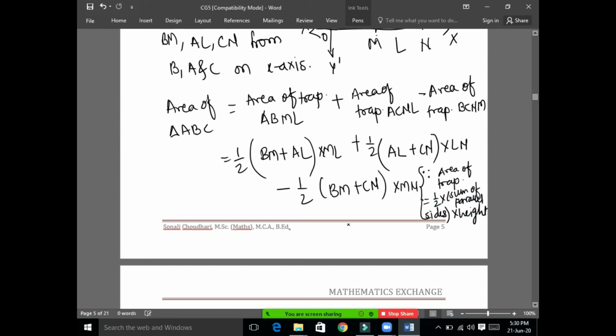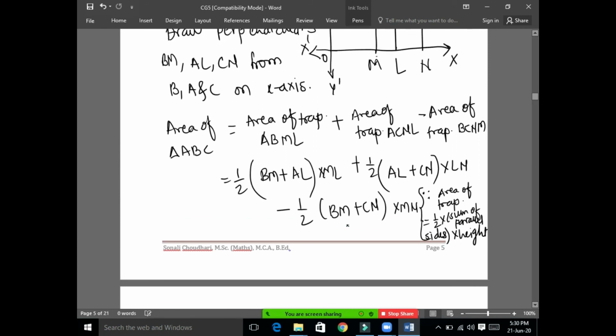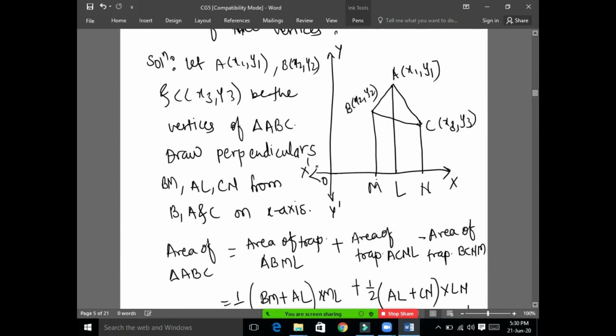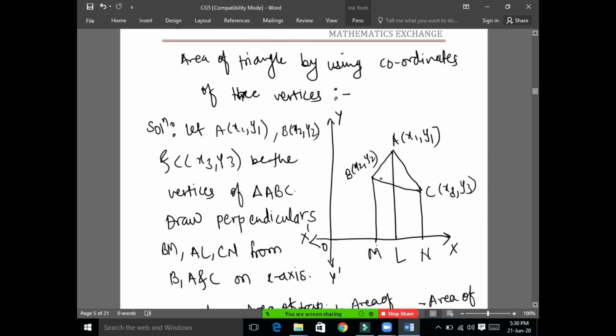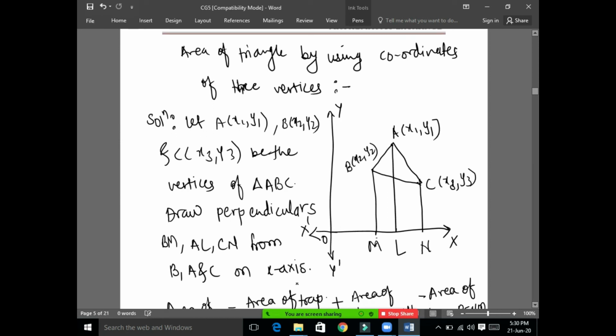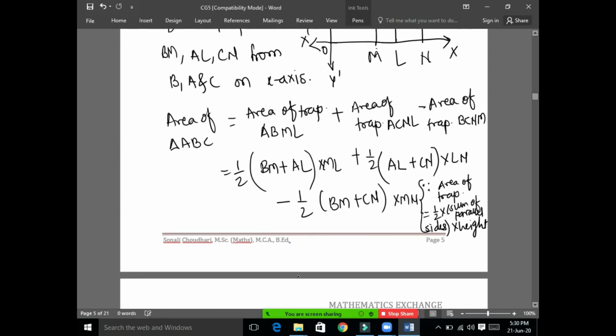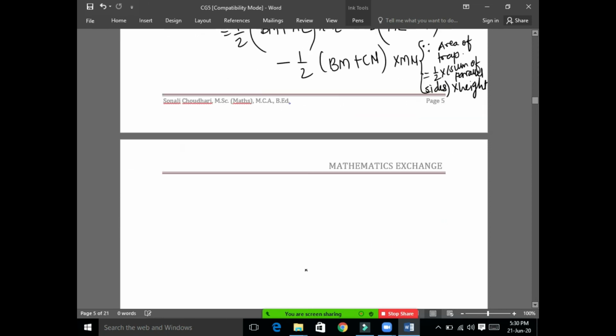Now we have to find all the values of the parallel sides and the perpendicular distance between them. So for BM we find out the value. From the figure, obviously BM value is Y2.